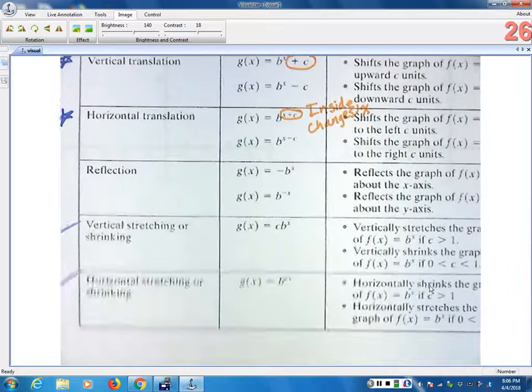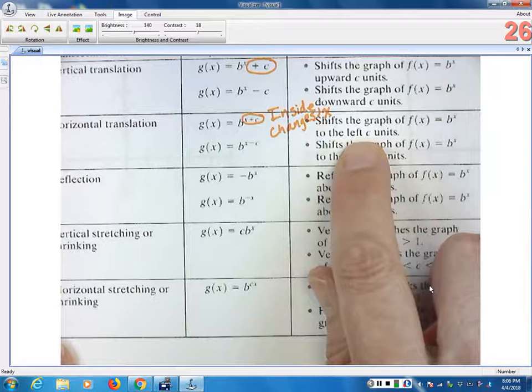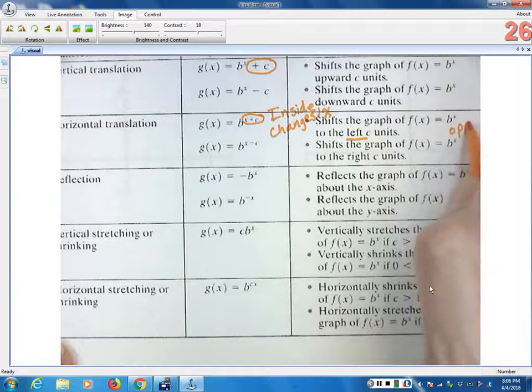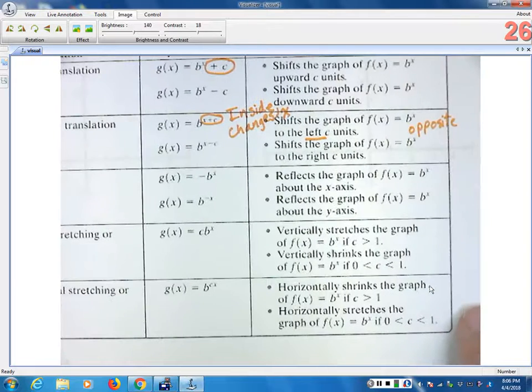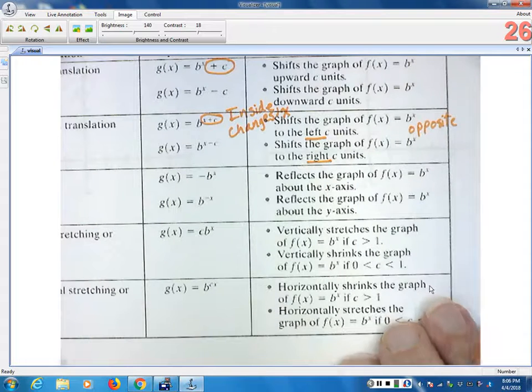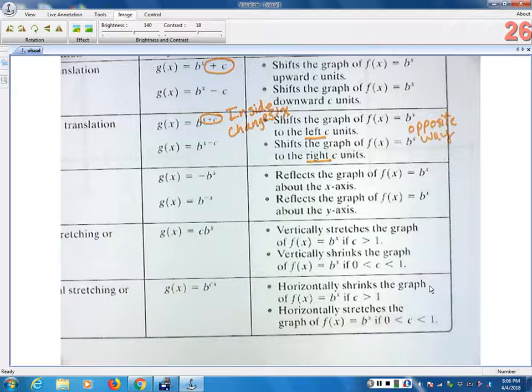If you add a positive c up in the exponent, it shifts the graph left c units. It's the opposite way. This has been true the whole time here. If you subtract c up in the exponent, it shifts it right c units. It's the opposite way you would expect.